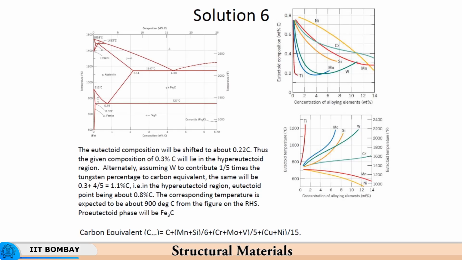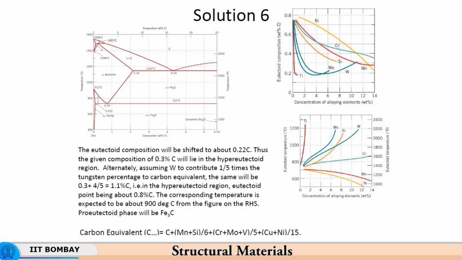The corresponding temperature is expected to be 900 degrees centigrade from the figure on the right hand side. So, the eutectoid temperature is expected to be 900 degrees centigrade with 4% of tungsten. So, tungsten will raise the eutectoid temperature.